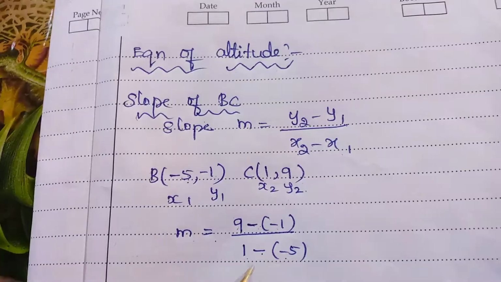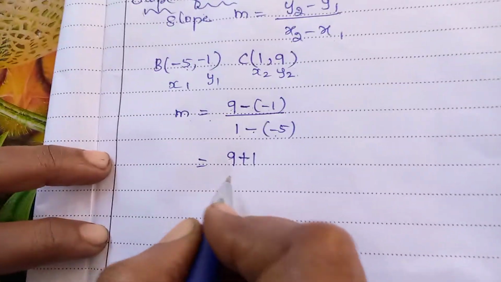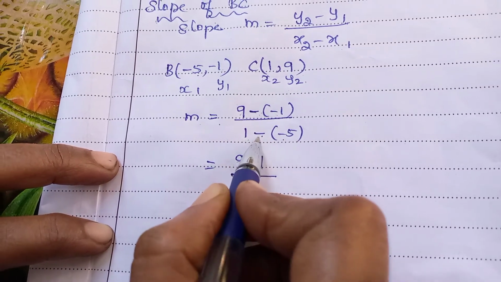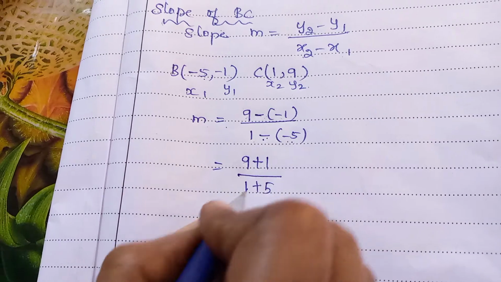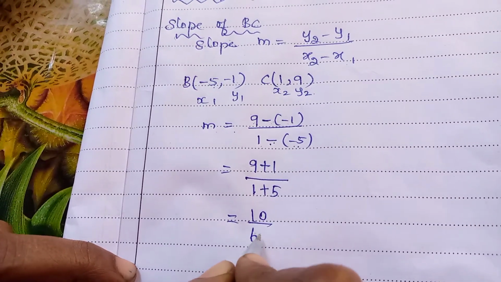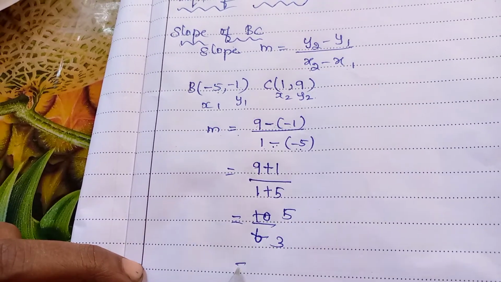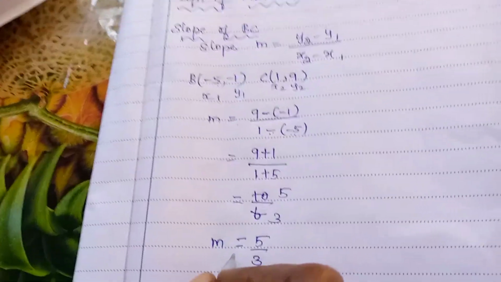Minus into minus is plus, so 9 plus 1 divided by 1 plus 5, which is equal to 10 by 6. Dividing by 2, we get 5 by 3. Therefore M is equal to 5 by 3.